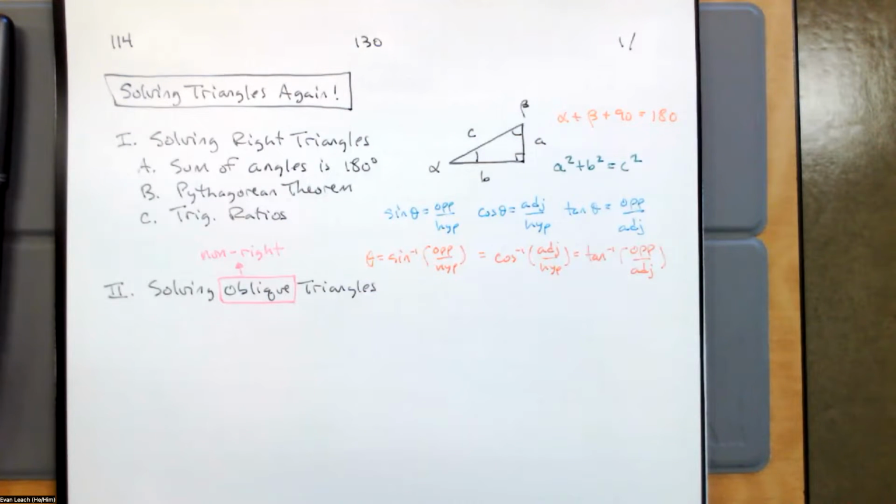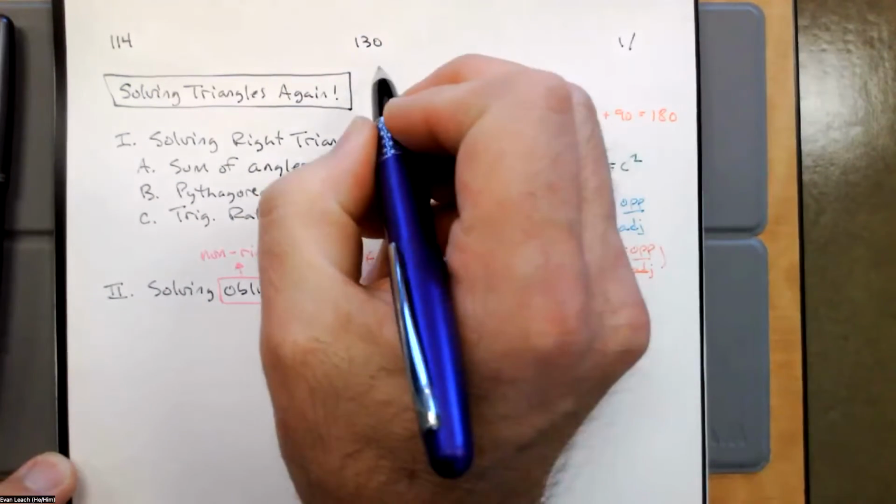We're still playing the same game. I've got to give you 3 pieces of information. In this version of the game, you're not given that one of the angles is a right angle. The solving triangles game is still given 3, find 3.